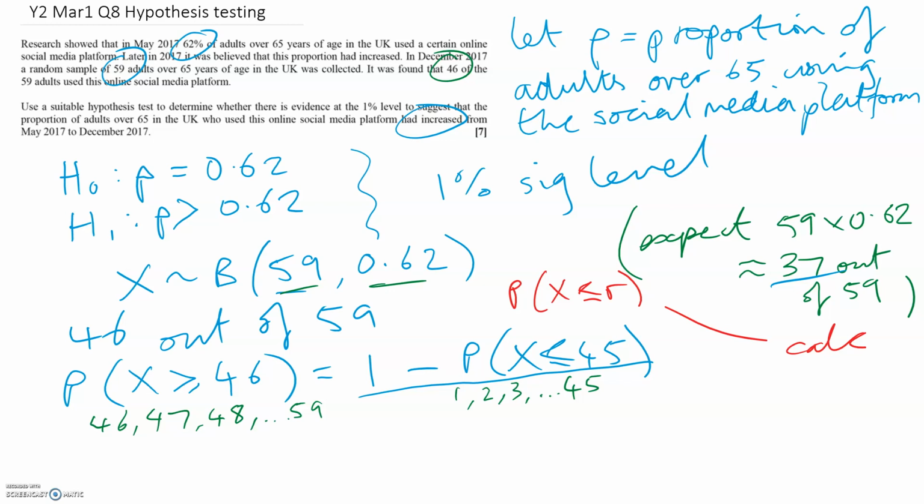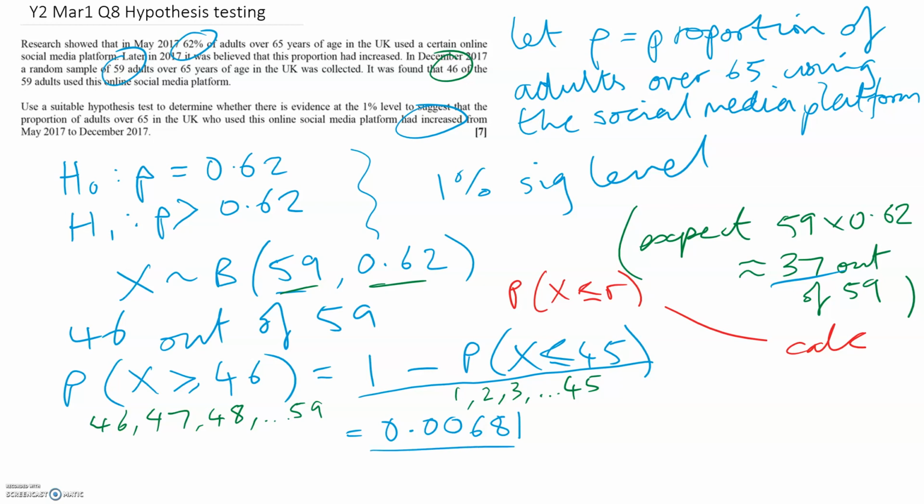So you use the cumulative binomial on your calculator, and that should give you a value for this as 0.00681. If you've forgotten how to use cumulative binomials on your calculator, you need to make sure you find out how to do it. So ask your teacher or look online, because it's very important you know how to do that.